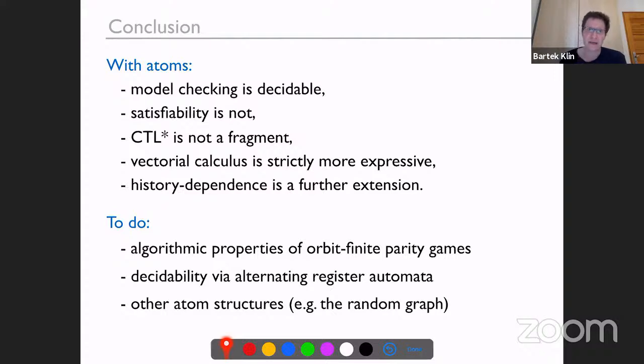So, for example, an orbit finite set over equality atoms is exactly those sets, relations, and so on that are definable by first order formulas over the theory of equality. So you can just represent your orbit finite models by formulas and compute on that. Yeah, thanks. I didn't mention the connection to model theory at all, but it is quite a strong one.